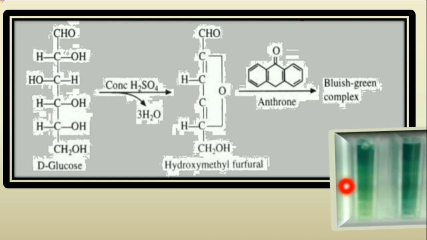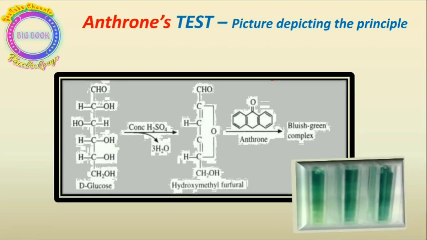Within this image you can see the end result, how the bluish green complex will appear. The hydroxymethyl furfural, or furfural, is the aldehyde derivative. Here you can see this is the aldehyde. This is how the formula is.